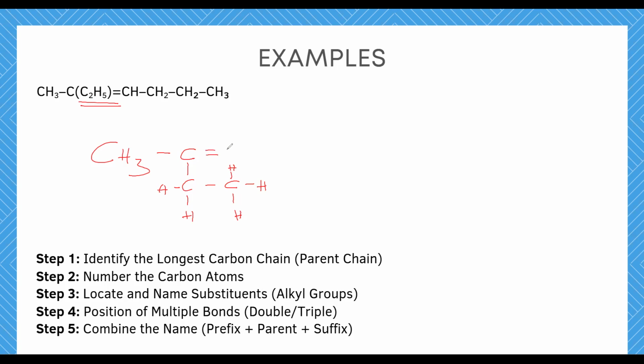A double bond, right? Yes, sir. And then we have CH, right? Yes, sir. And then we have CH2, right? Yes, sir. And then we have another CH2, right? Yes, sir. And then we have CH3, right? Yes, sir.